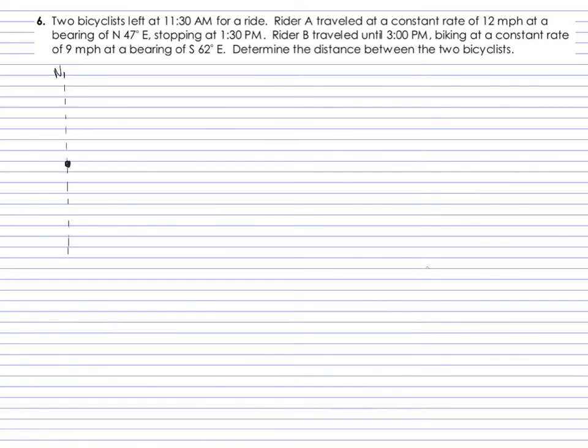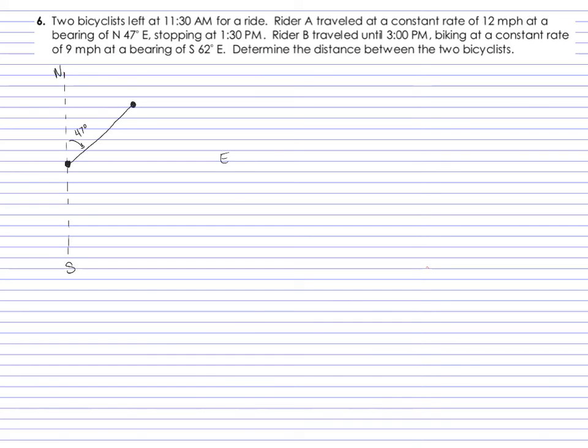So we've got north up at the top, east is going to be out this way, and then south at the bottom. So my first bicyclist traveled at a constant rate of 12 miles an hour at a bearing of north 47 degrees east. So what that means is we go to the north and we come out 47 degrees.